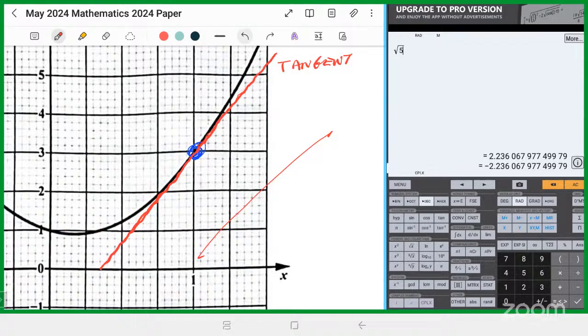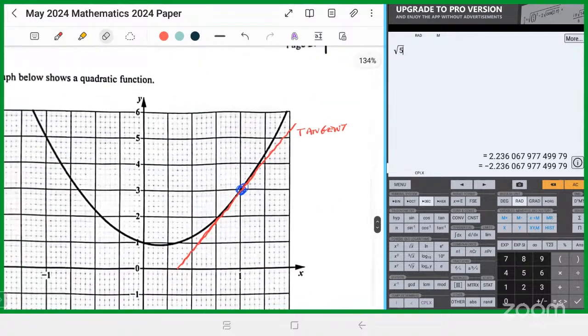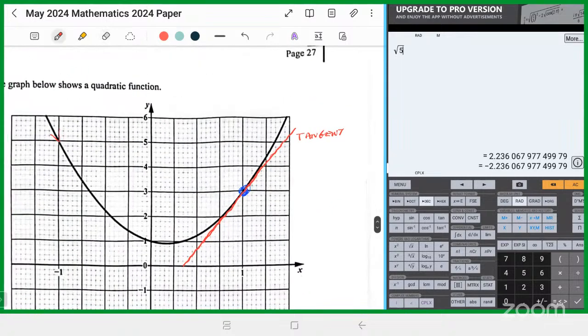Each point on a curve, the gradient is different, because as you go along a curve, your direction is changing. So because the direction is constantly changing, the gradient is also changing. And so when it comes to a curve, you have to specify the point where you want to find the gradient. And so at this point, the tangent and the curve have the same direction, and so they have the same gradient at that point.